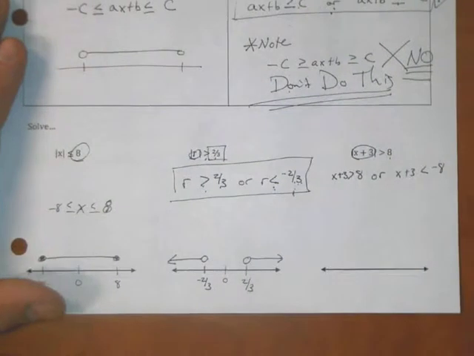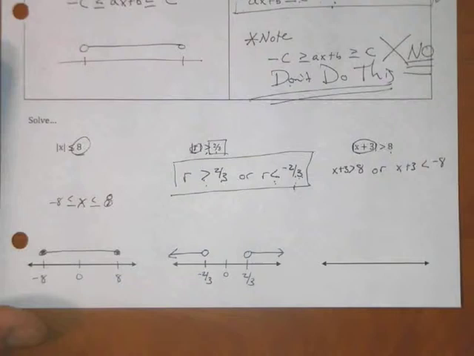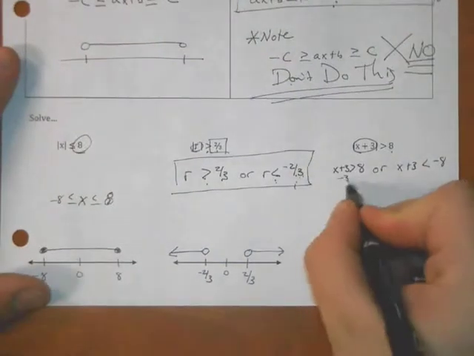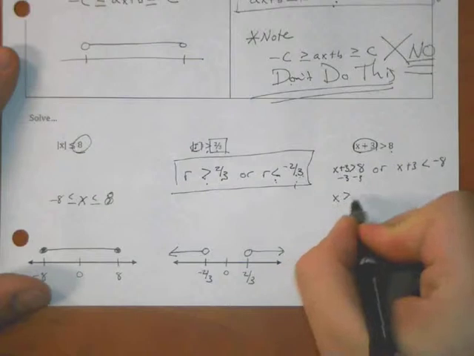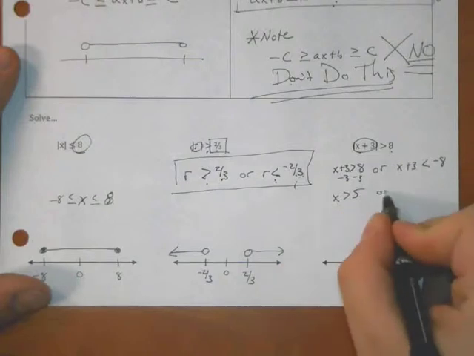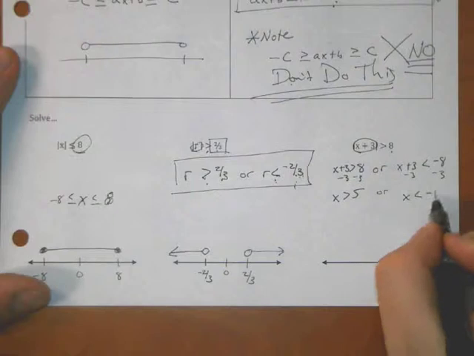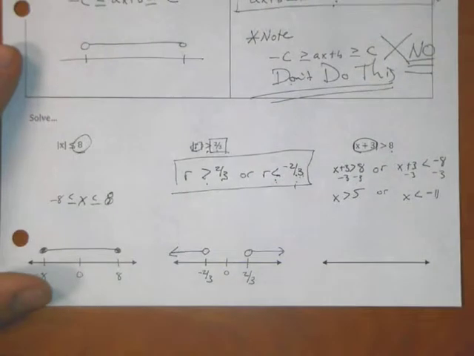Less than the opposite of that. All right, let's solve these. Subtract 3. X bigger than 5. Or subtract 3. X less than negative 11.